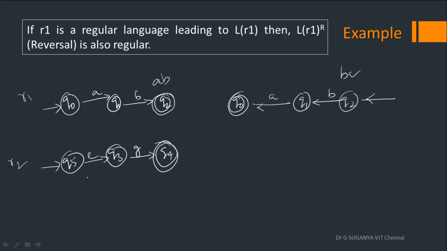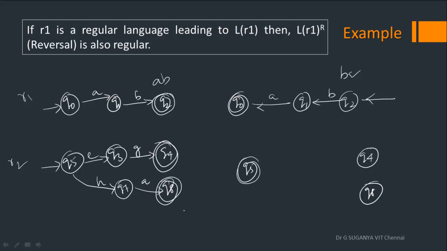Now let me extend the second DFA to accept 2 words. Again, the application of the same principle. So we will have Q5 as the final state. Now you have Q4 and Q8 as the start states.